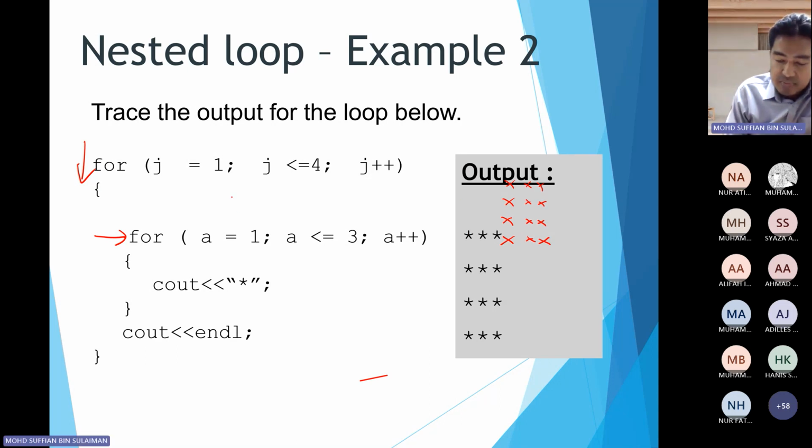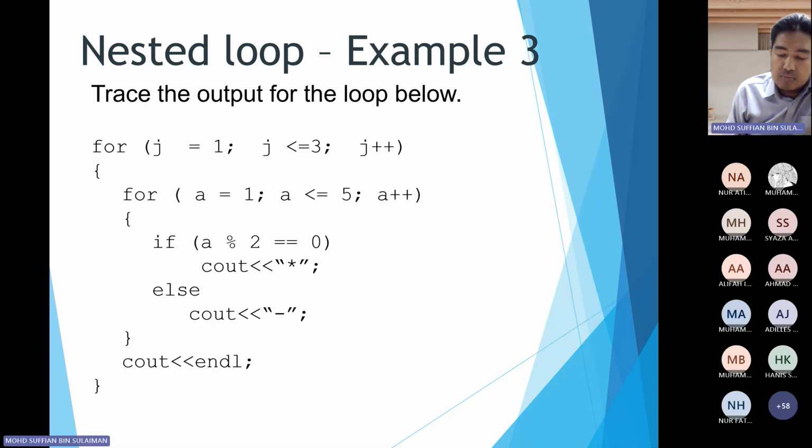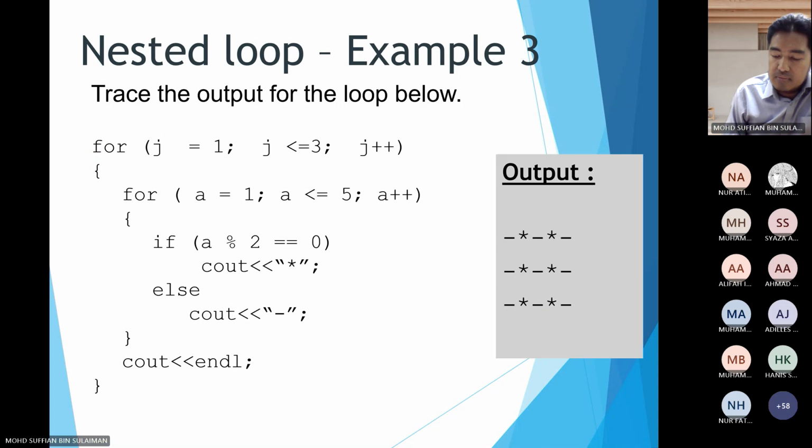So kita boleh baca 1, 2, 3, 4 from top to down, 4 star. Left to right, 1, 2, 3. Itulah maksud dia. So this is how I guess the output. Okay, this one is more complicated. So this is the output. Okay, top to down, left to right. Dia guna modulus kat sini.